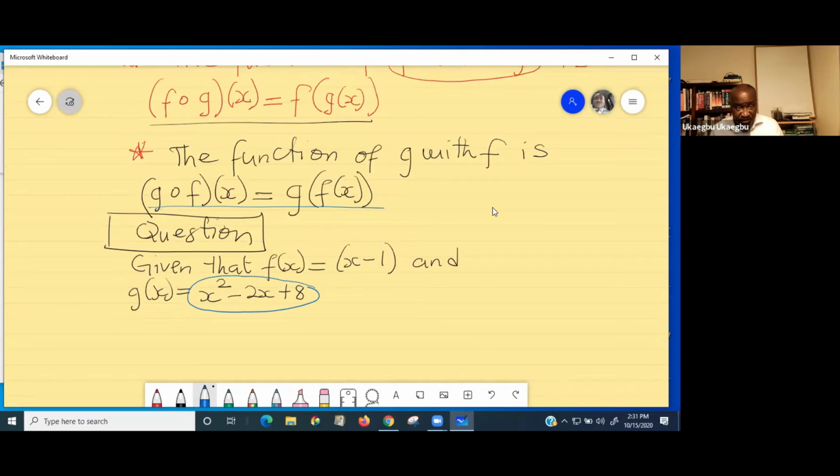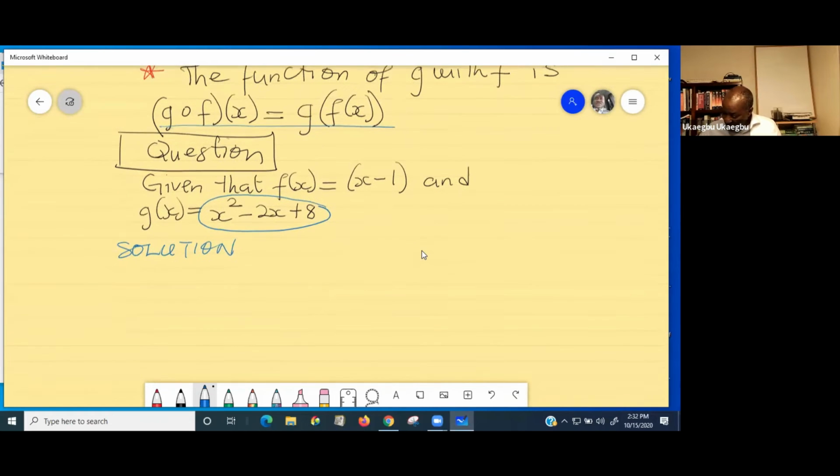The first one, if we are doing f with g, which is the same thing as saying f and then take the function of g.